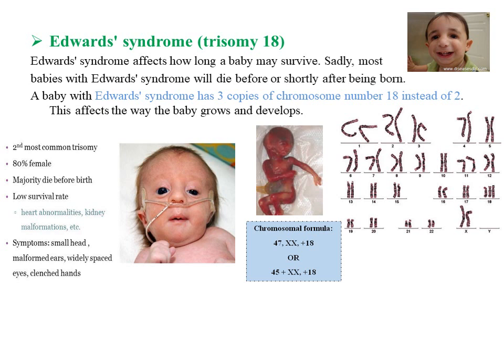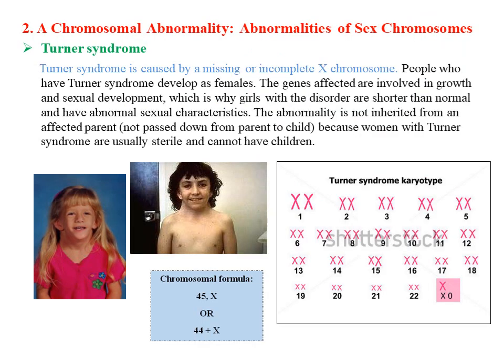XX, since the last pair of the two sex chromosomes are identical, XX, comma, plus 18 due to the presence of an extra chromosome in pair 18. Then we represent this by writing plus 18. So the formula is as follows: 47, XX, plus 18.